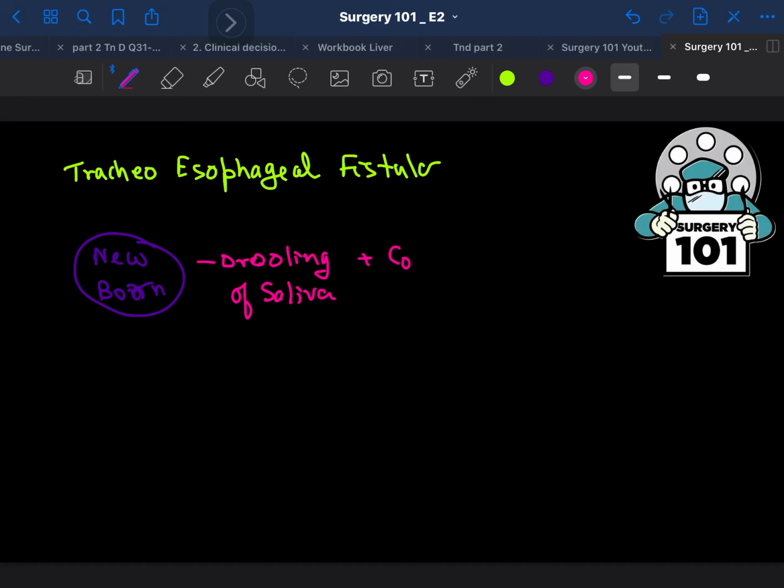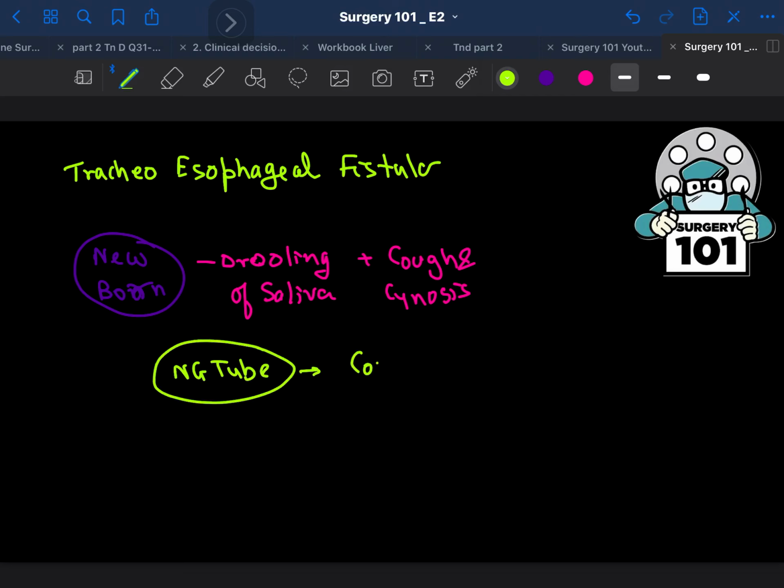Along with this, there is cough and there is cyanosis. If at all you pass a nasogastric tube, this nasogastric tube may coil in the esophagus. This is what is the basics of your tracheoesophageal fistula.